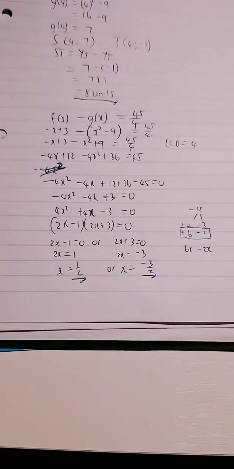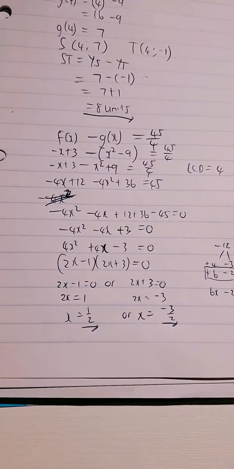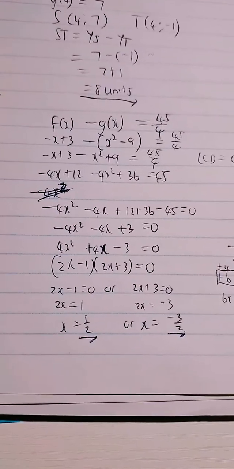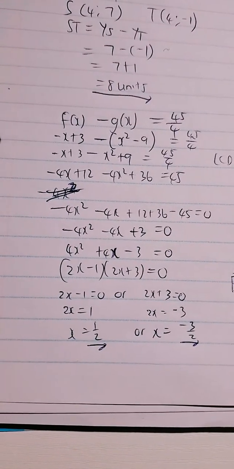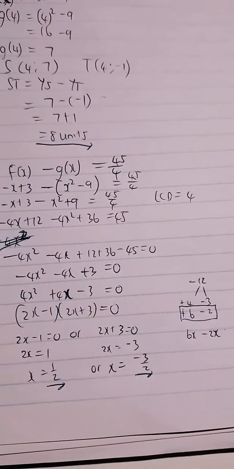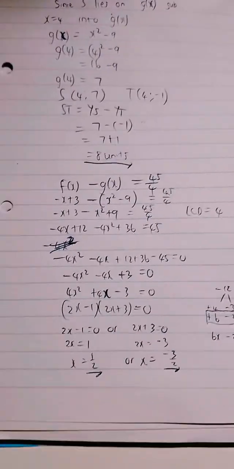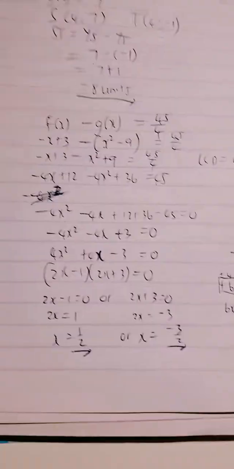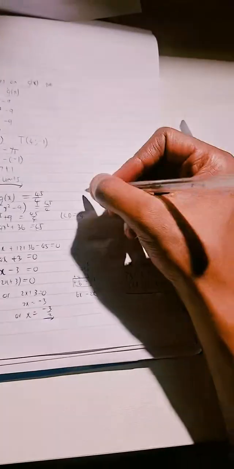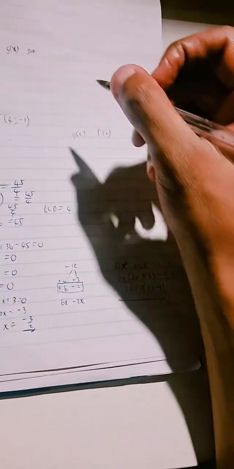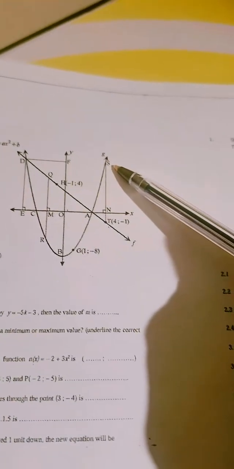None of them represented, guys. I was supposed to say g of x minus f of x, not f of x minus g of x, because who's at the top?